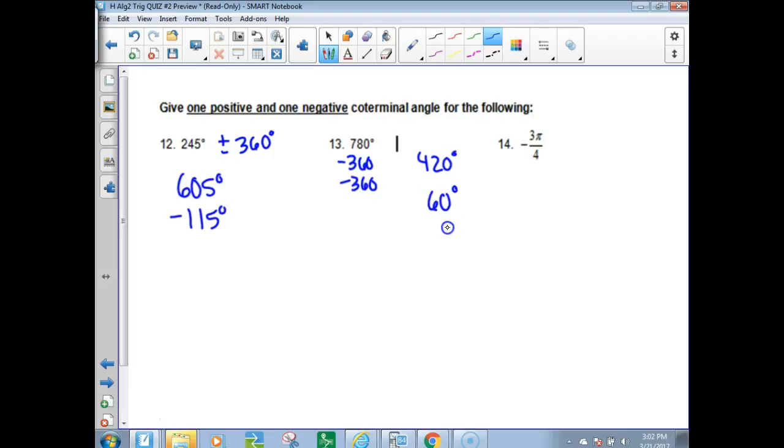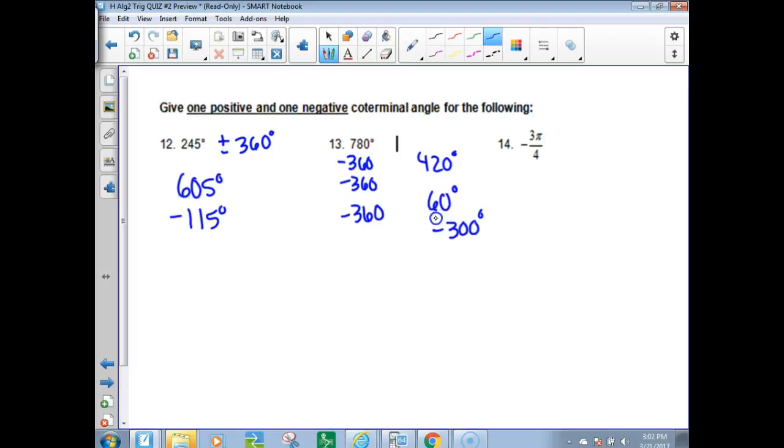If I subtract 360 again, I'm just doing it repeatedly, I'm going to get negative 300. You need to get to where you get a negative angle. You could have also added 360 and had a bigger one, but why do that when you already got a positive one getting down to the negative one, you know?